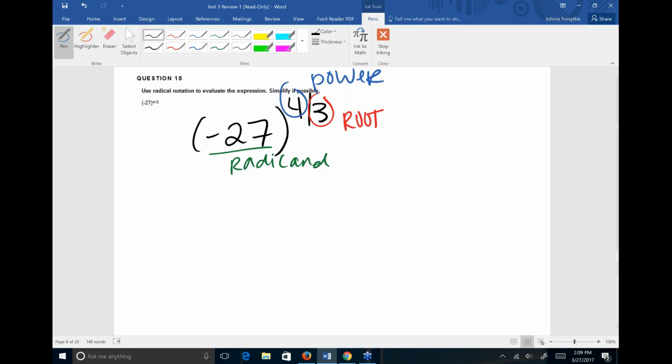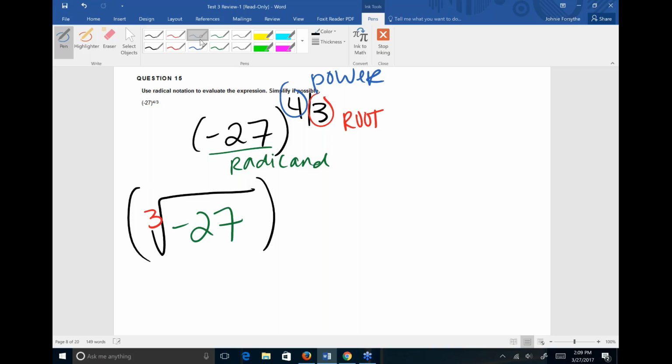So it's going to be the 3rd root of negative 27 raised to the 4th power. That's how we change this rational exponent notation into radical notation. So now we're going to evaluate it. We'll work within the parentheses and find the 3rd root of negative 27.